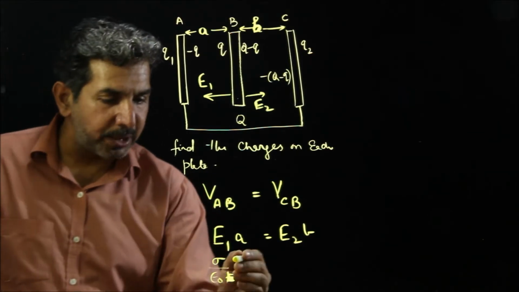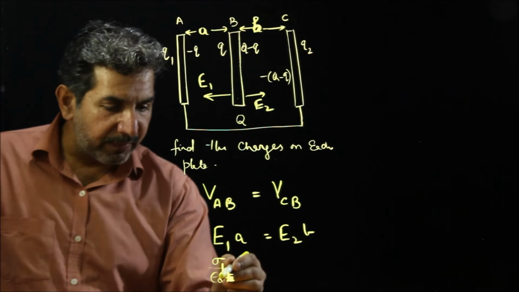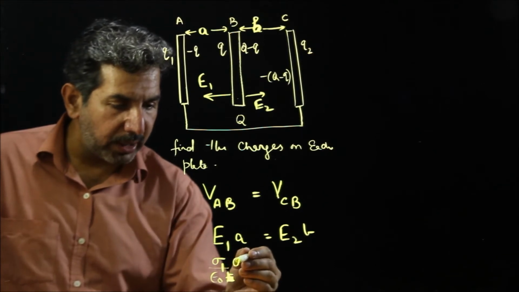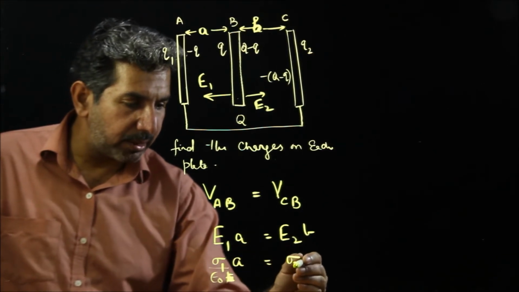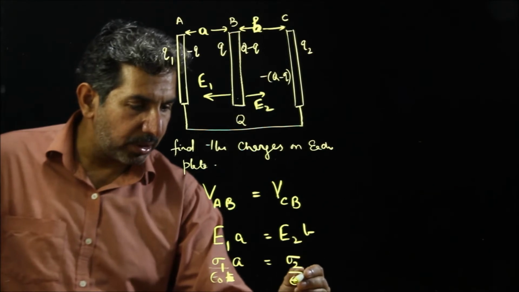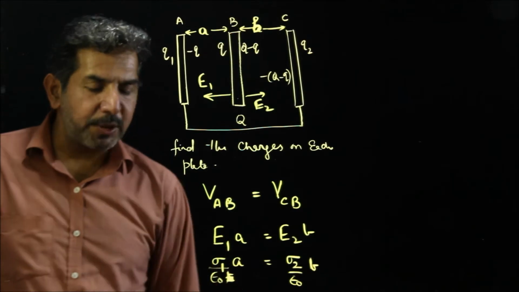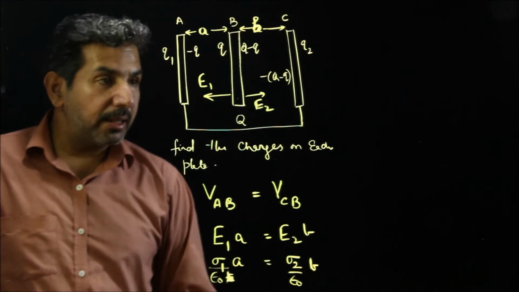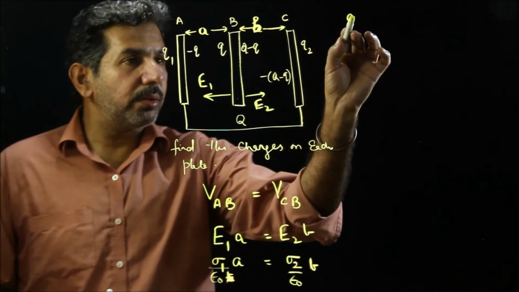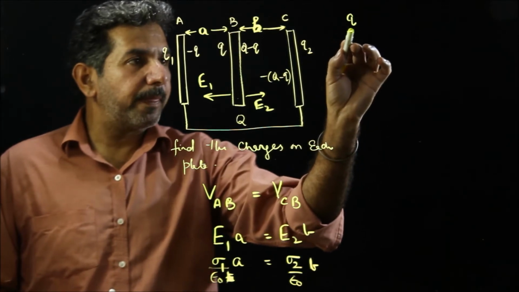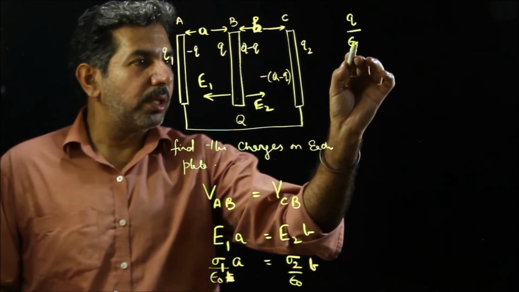It is sigma by epsilon naught: sigma 1 by epsilon naught into small a, and this is sigma 2 by epsilon naught into small b. So sigma 1 by epsilon naught is q by epsilon naught into a.